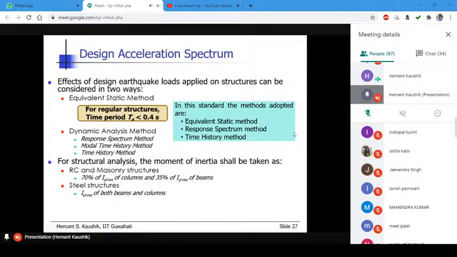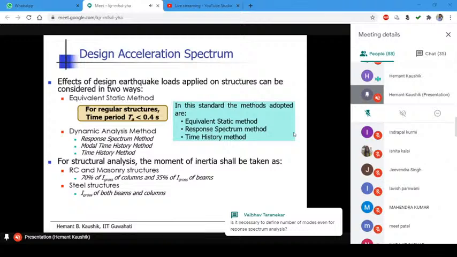But if the structure is slightly complex and it is not possible to actually divide the multi-degree of freedom system into several single degree of freedom systems manually, then we use the computer's help to do that. And that is called the response spectrum method. So in this method, we don't use the natural period formula given by the code, but we allow the software to do the modal analysis and calculate the natural periods of vibration for different modes.